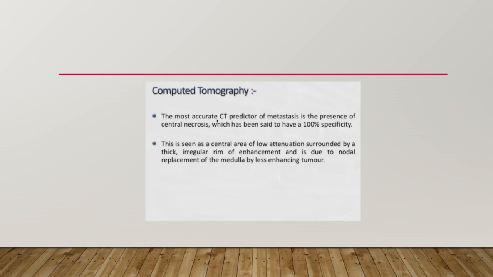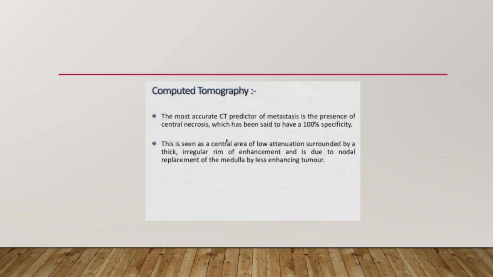Whereas the most accurate CT predictor is the presence of a central necrosis in the lymph node, which is 100% specific to the malignant involvement of the lymph node. So, the central area is seen as a low attenuation surrounded by thick irregular rim of enhancement and is due to nodal replacement of medulla by the tumor.